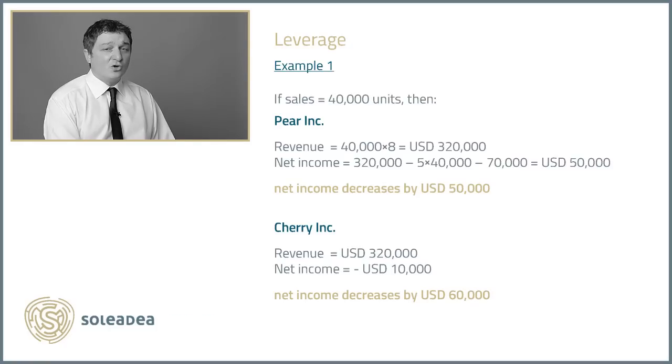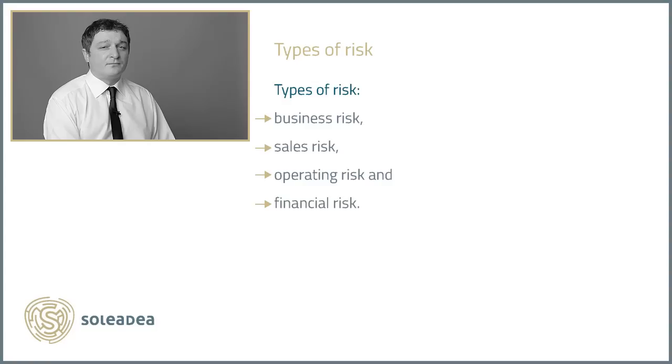Net income of Cherry Incorporated is 40,000 times 8 minus 2 minus 250,000, which equals minus 10,000. It means that Cherry Incorporated takes a loss of $10,000 and its net income decreases by $60,000. That is more than in the case of Pear Incorporated.